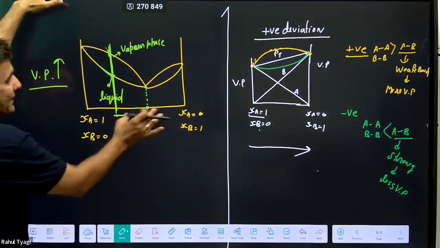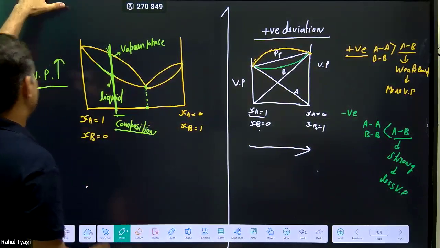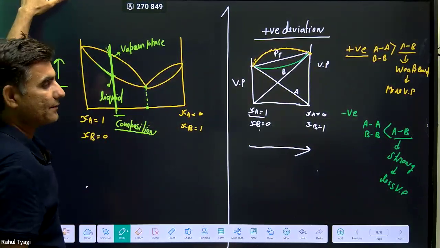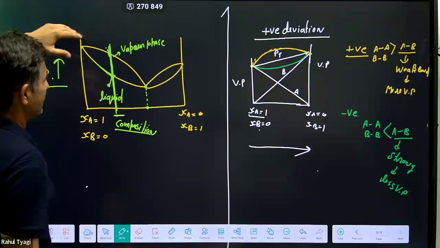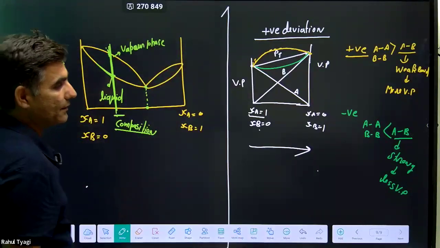Now see here also, here vapor pressure is decreasing or increasing? Vapor pressure is decreasing because on both sides vapor pressure is decreased.